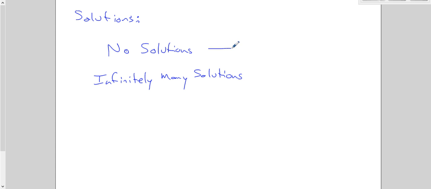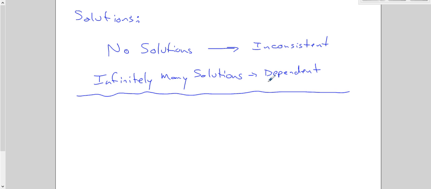Whenever you end up having no solutions, this is an inconsistent system. Whenever you have infinitely many solutions, this is a dependent system. Okay?